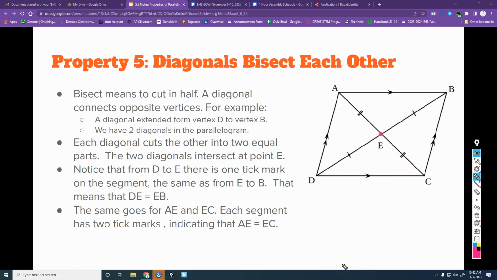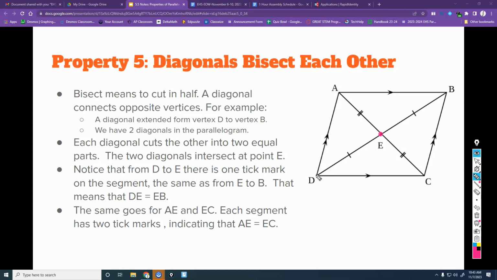Are diagonals equal to each other? Are they the same length? Okay, so AC is the same length as BD. Okay, if we get out our ruler here, if I measure it up here, BD is 15 centimeters.